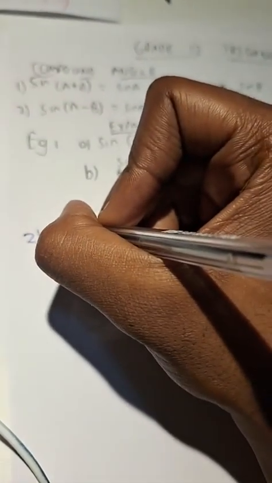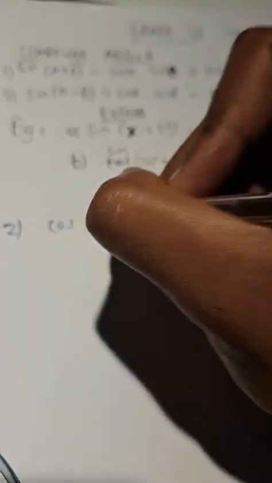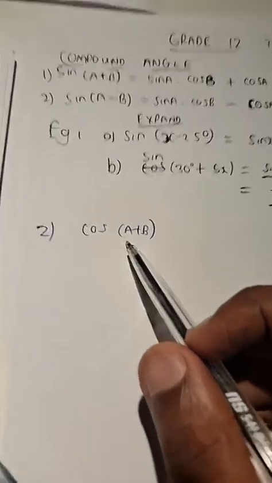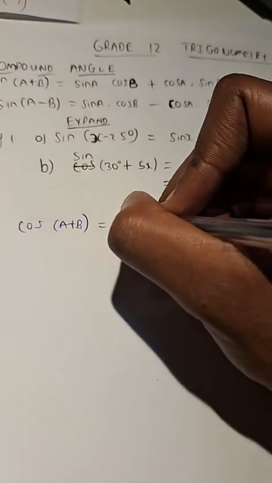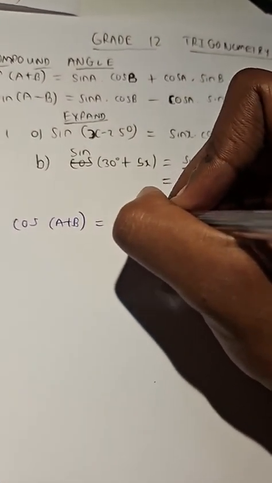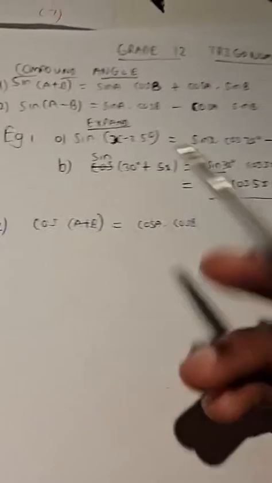All right. Then let's look at another compound angle. Cos A plus B. What about the compound angle for cos? Cos A plus B is simply going to be cos A cos B. And then this plus sign, it changes. Okay.